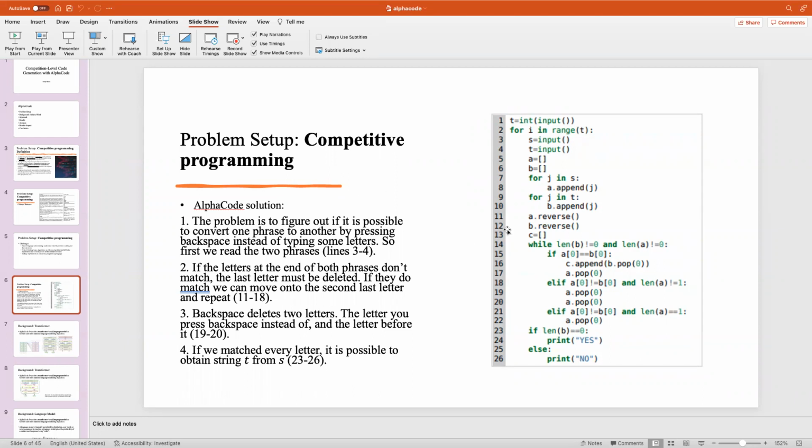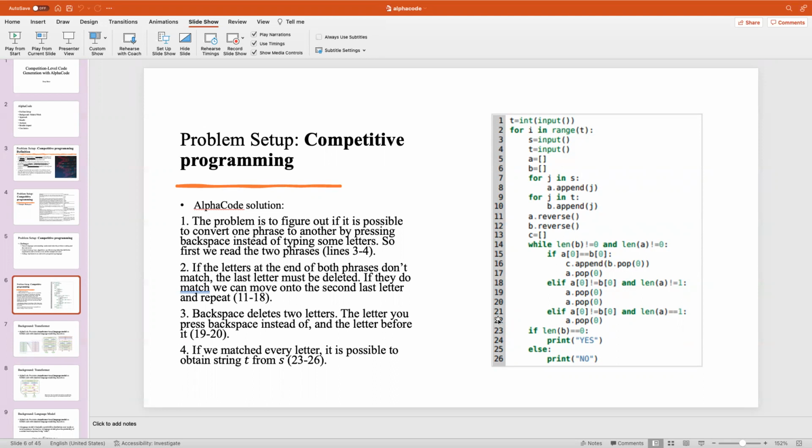So here is an example solution generated by the AlphaCode model. AlphaCode first reads the two phrases, which are two strings, which refers to lines 3 and 4 in the program, and then from line 11 to line 18, the program is checking if the two strings satisfy the specific requirements.